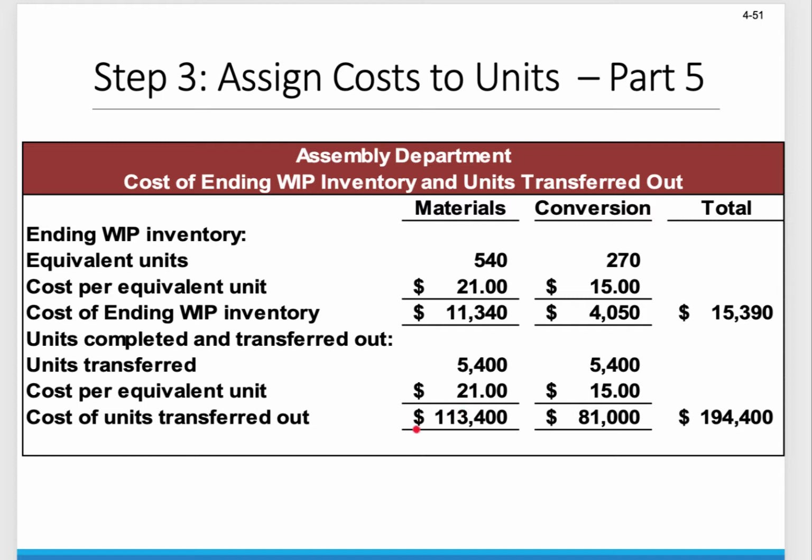And we see the total cost of units transferred out with respect to material is $113,400. With respect to conversion cost, $81,000. So that means that the total cost of units that were completed and transferred out is $194,400.